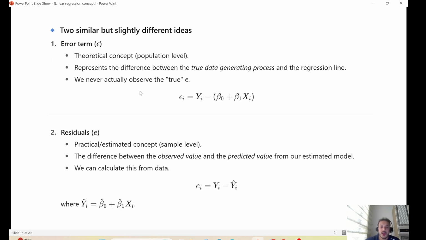We never actually observe the true epsilon. But the residual that we talked about earlier is the difference between Y and Y hat, the difference between the true value and the predicted value, and we can calculate it from the equation. So this is sample level and this is population level. Don't mix them up.